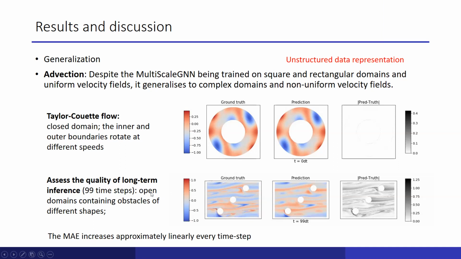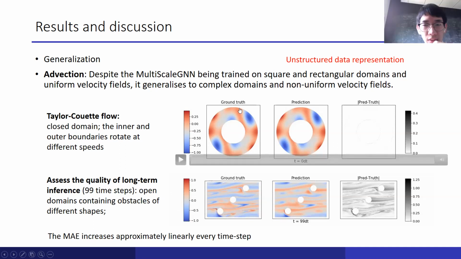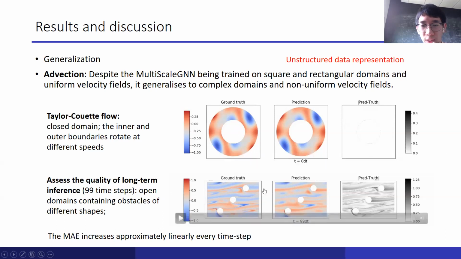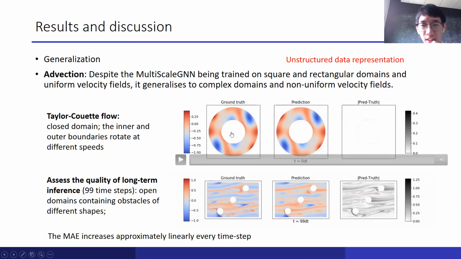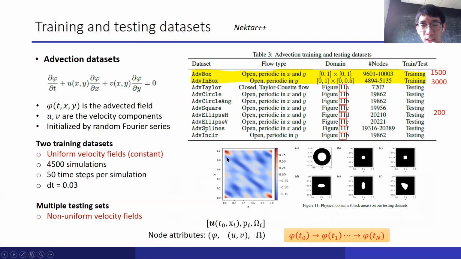Do they have any example for that? No, the geometries of these two testing cases are different from the training data sets. For the training data sets, they only considered an open area in a square domain, and there are no other objects inside the domain. I think Shengze is right.